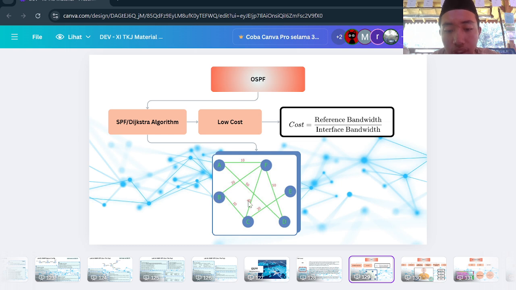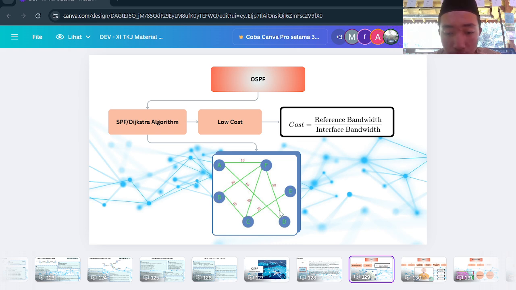F to C is 40, and for F to B it is 20 and B to C is 10. So what will OSPF choose, F to C or F to B to C?